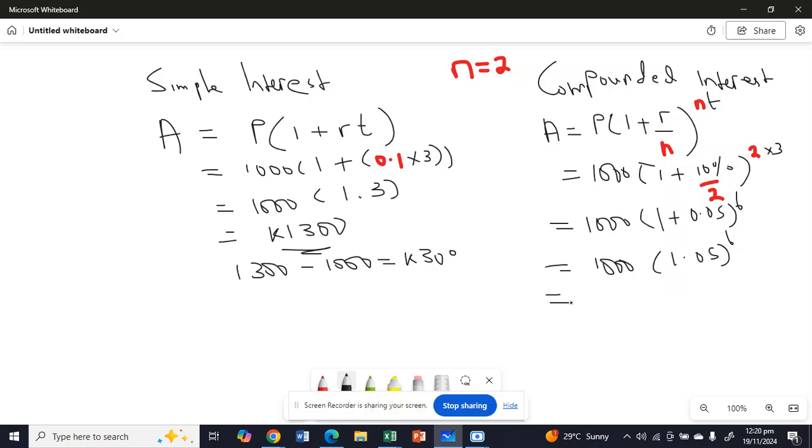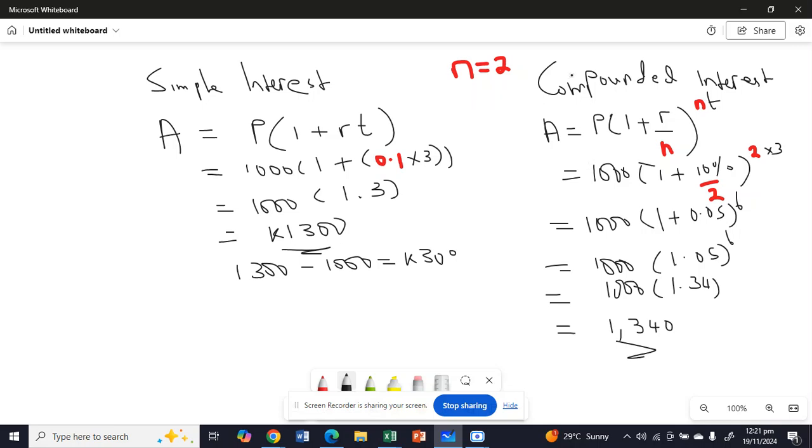So 1.05 to the power 6, that is 1.34. We're going to say 1,000 times 1.34. We have 1,340 kwacha. So after 3 years, when we deposit in our bank and the interest is compounded semi-annually, we are going to have 1,340 kwacha.